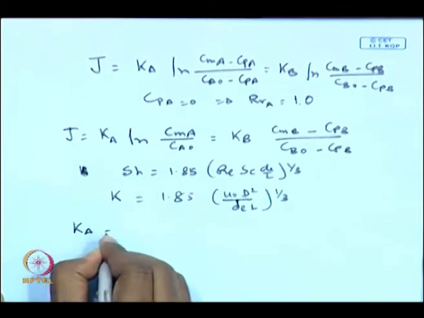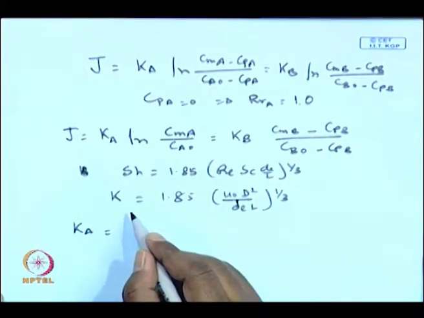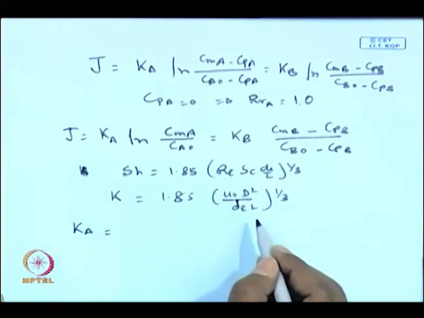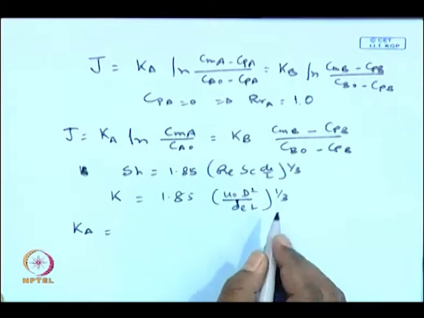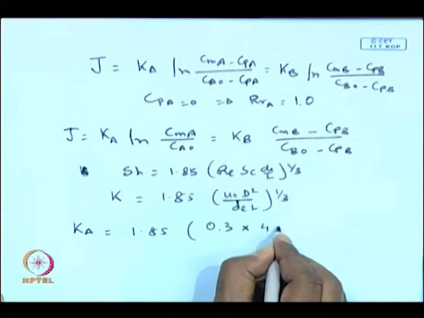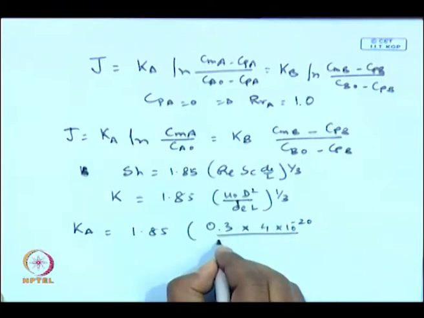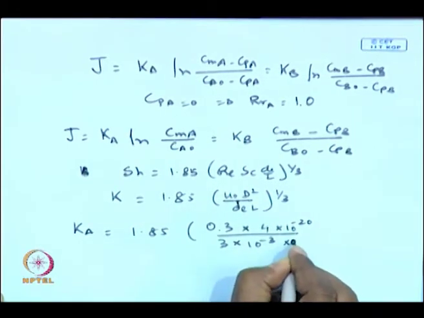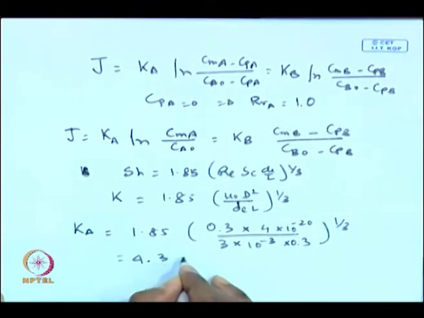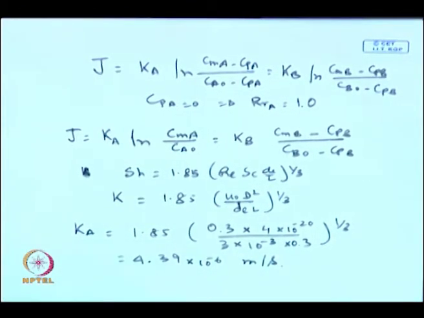So, K_A, if we put the value of diffusivity here for the solute A, we will be getting the mass transfer coefficient corresponding to A. If you put the value of diffusivity of solute B, we will be getting the mass transfer coefficient corresponding to solute B. So, K_A will be 1.85 times (0.3 into 4 into 10 to the power minus 20 divided by 3 into 10 to the power minus 3 into 0.3) raised to the power 1 upon 3, and this turns out to be 4.39 into 10 to the power minus 6 meter per second.